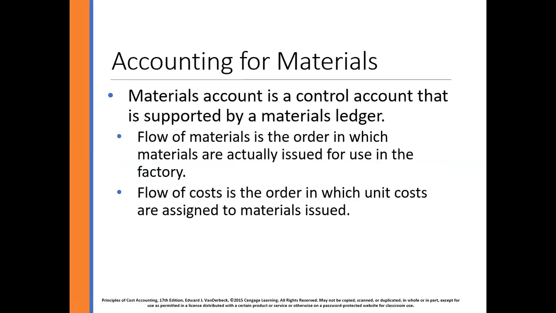All right, so the materials account is supported by the materials ledger. Again, if we have, say, 5 different raw materials that we use in the production process, thinking about the bicycle example that we looked at in the last chapter, maybe we have a materials ledger account for tires, one for the frame, one for brakes, one for the little baskets that go onto it, and one for the chain and the pedals or whatever.